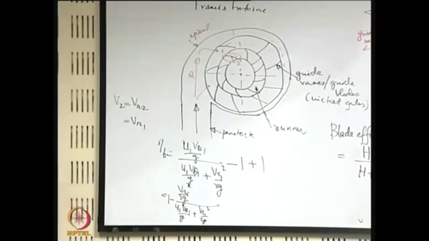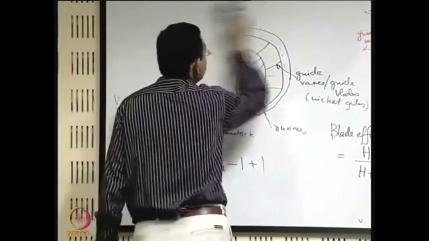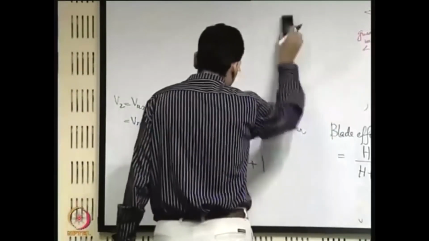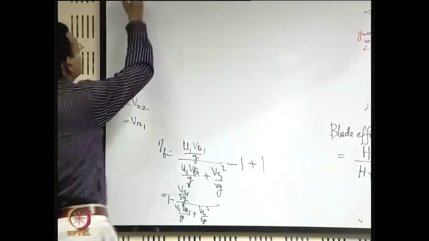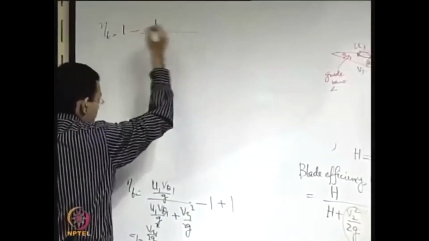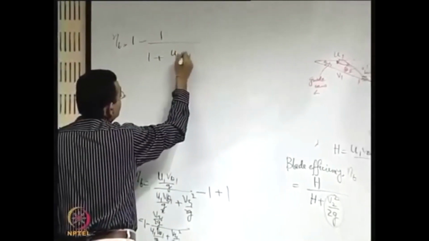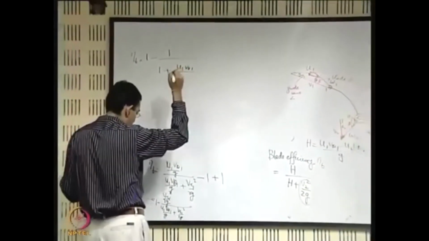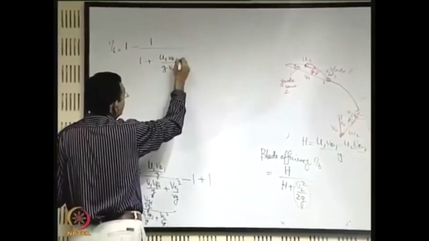Okay. Now we just manipulate it a couple more steps. So the blade efficiency therefore may be written as 1 minus 1 divided by 1 plus U1 V theta 1 by G into VR1 square by 2G.